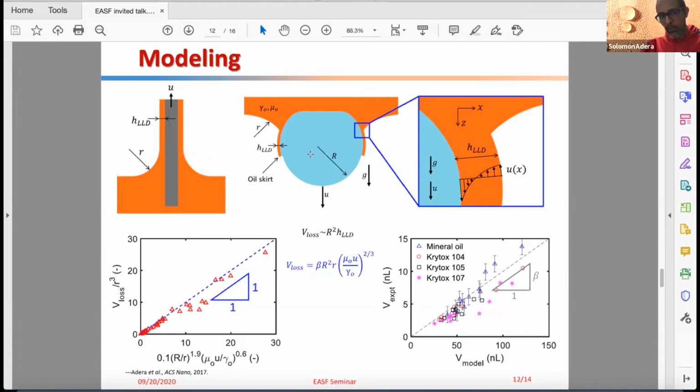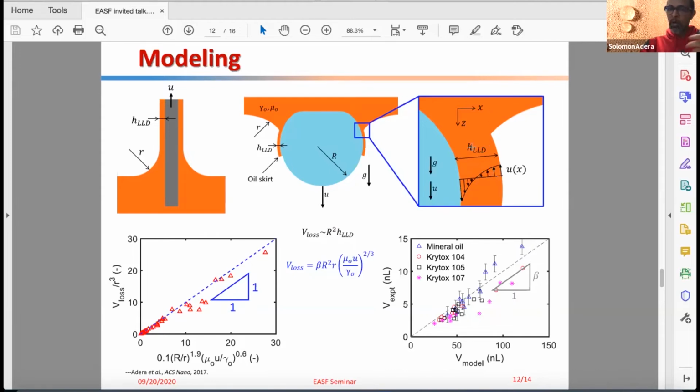But the analogy between these two is that this droplet, when it's falling, stretches this lubrication film in the vertically down direction. But because this wetting ridge is at lower pressure than ambient, the lower pressure region also pulls the lubrication upwards.